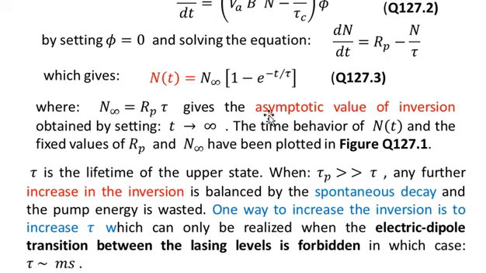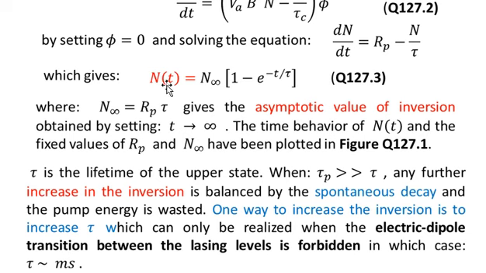This n infinity gives an asymptotic value of inversion obtained by setting t goes to infinity. So you see that if you set t goes to infinity, then the e to the power minus t over tau factor becomes 0, and then the population inversion as a function of time will approach this n infinity value.